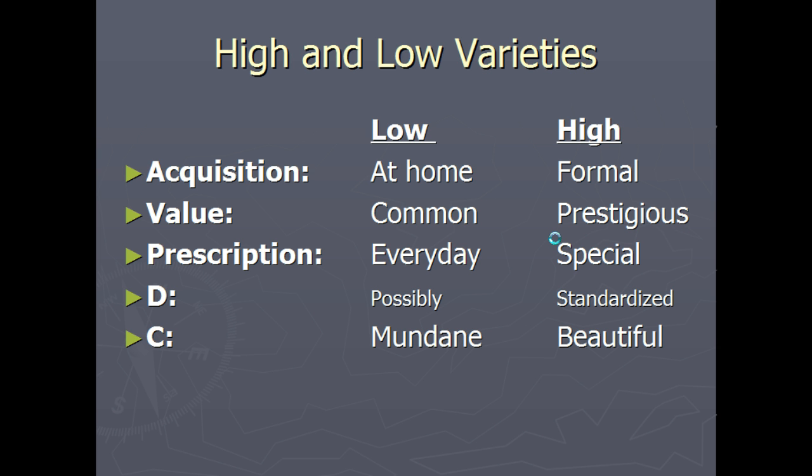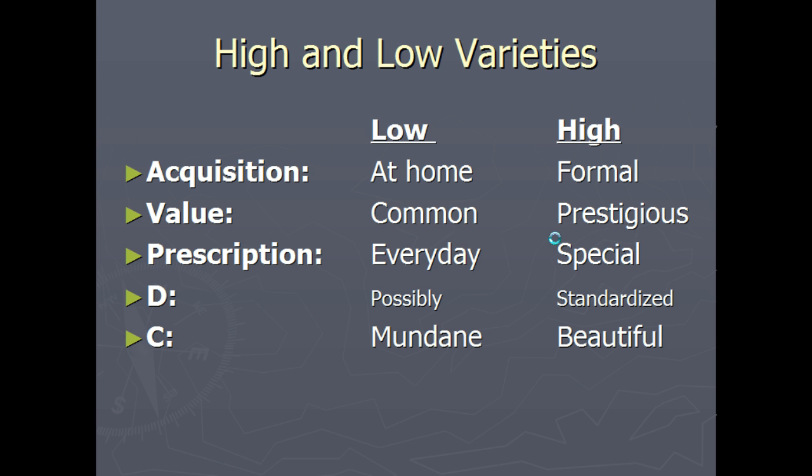The value: most people view the low variety as common, while the high variety is viewed as prestigious. The low variety is used every day, while the high variety is used for more specialized communication circumstances.